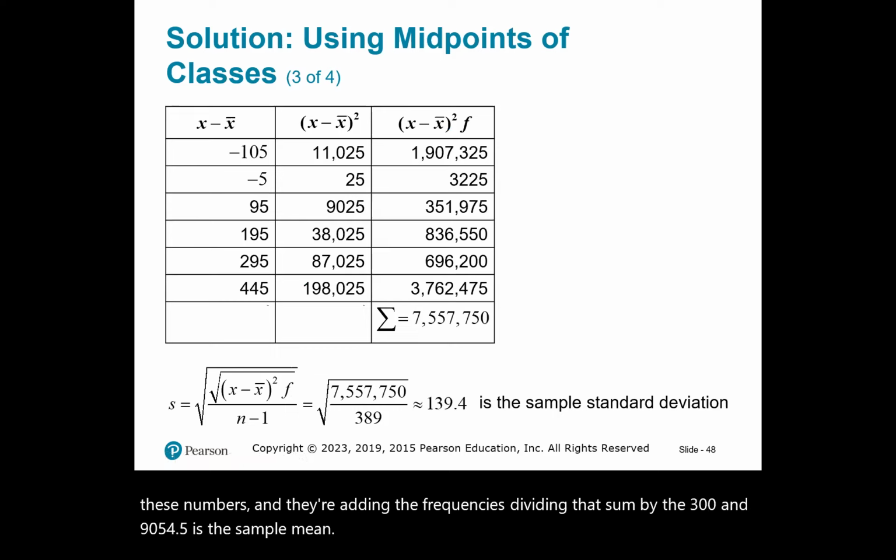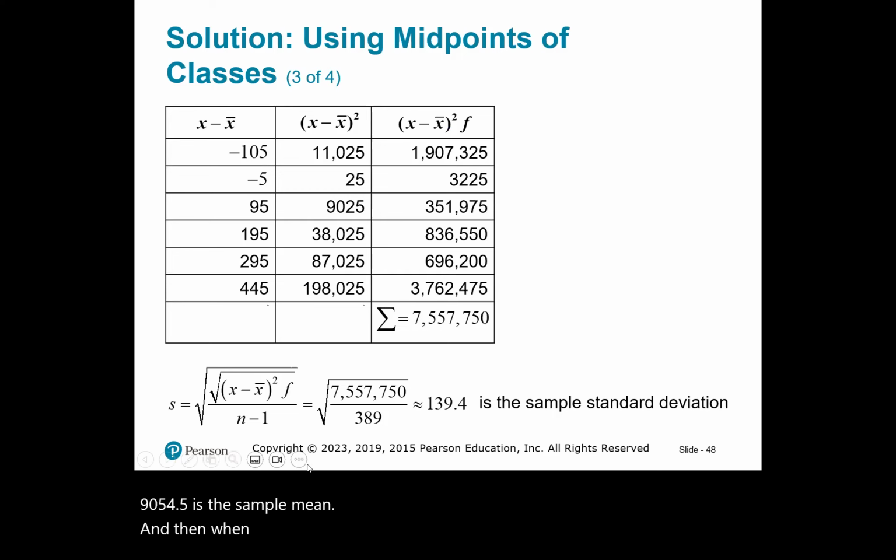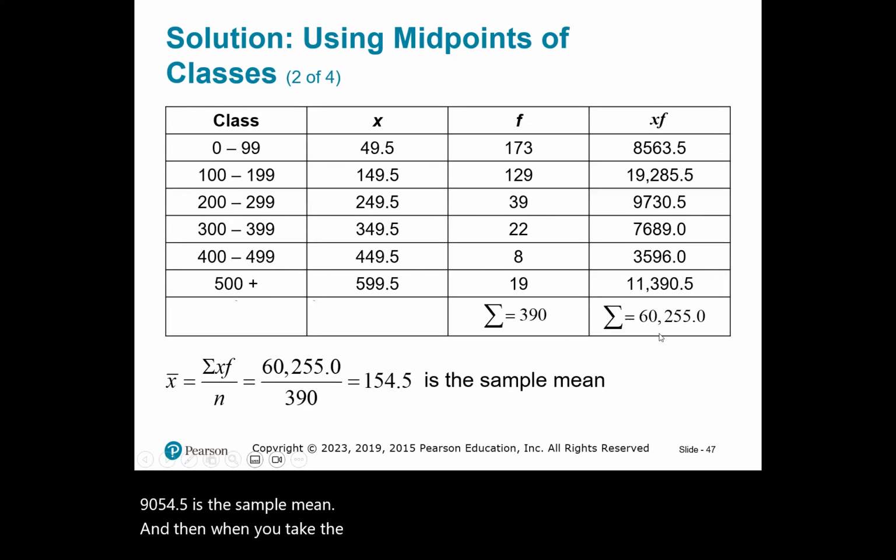Here, you add them and divide by this, and you get this.